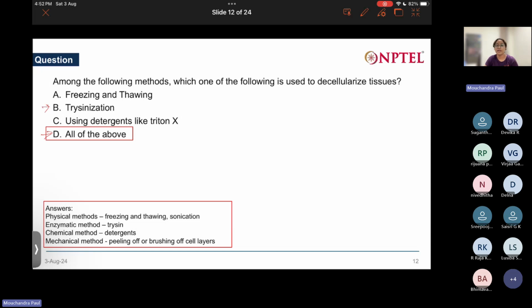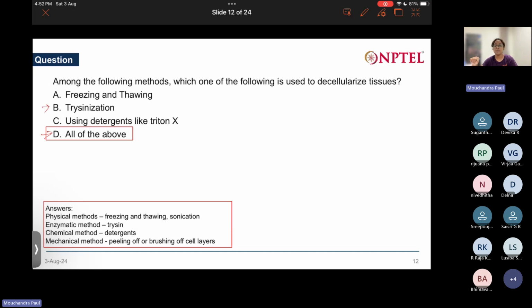Then we can also use chemicals like detergents. Triton X is a very commonly used detergent where the detergent molecules rupture the cells, and after washing off, whatever you get is decellularized. It's a harsh process, so you have to optimize how much detergent to use.